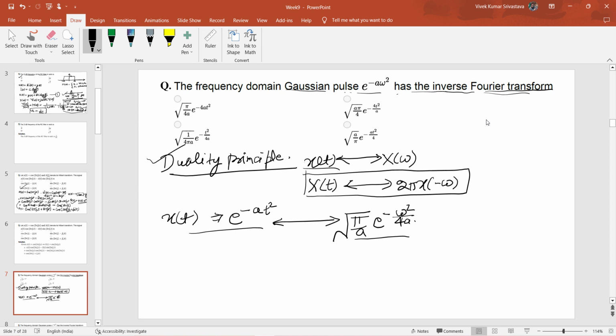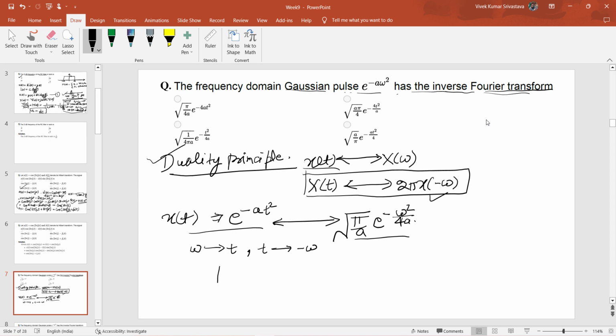Now, to use this duality principle, we will replace omega with t, and t will be replaced by minus omega, like here in this expression we can see.